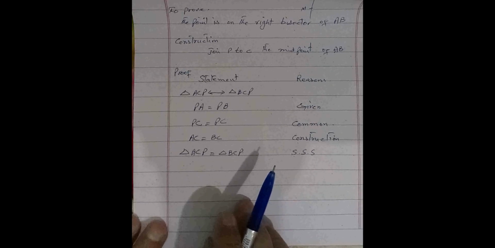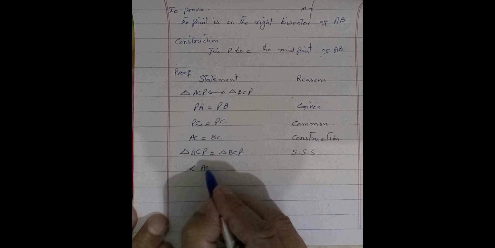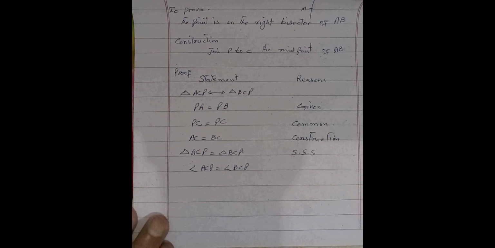Now we further solve that LM is the bisector of AB. Here, angle ACP is equal to angle BCP. We know that when two triangles are equal, all their sides and all their angles are equal.